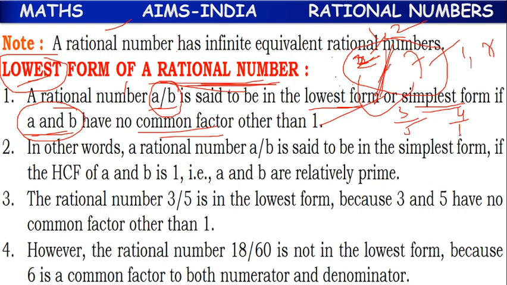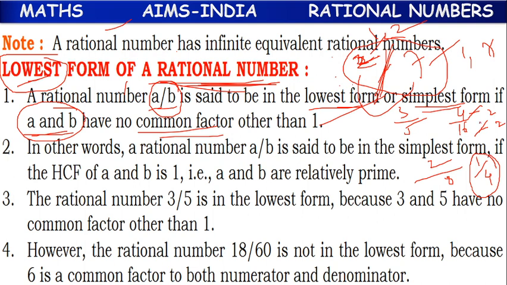Suppose you have 4 by 16. They are divisible by 2, so they have common factor 2. 4 divided by 2 is 2, 16 divided by 2 is 8. Still divisible by 2: 2 divided by 2 is 1, 8 divided by 2 is 4.